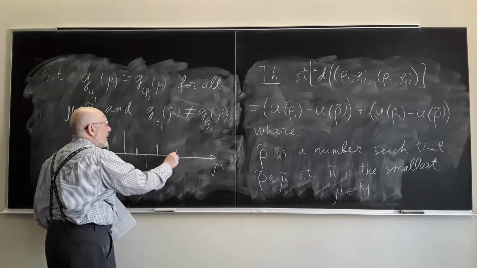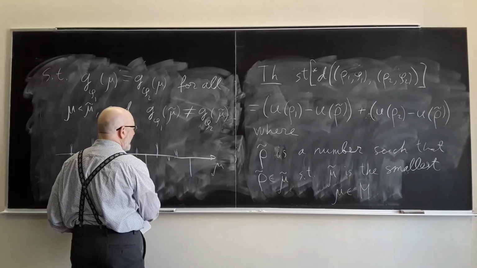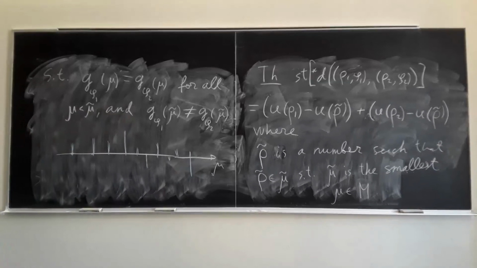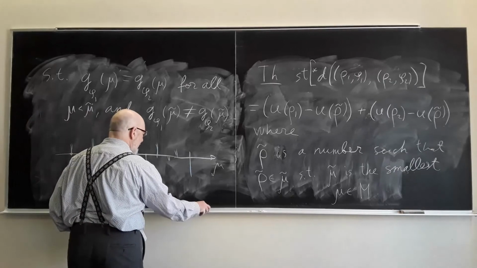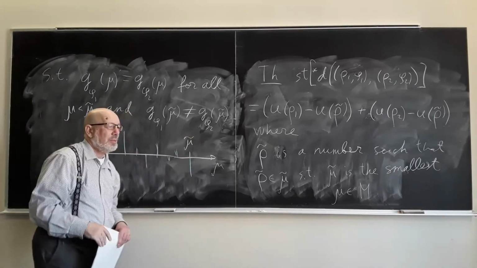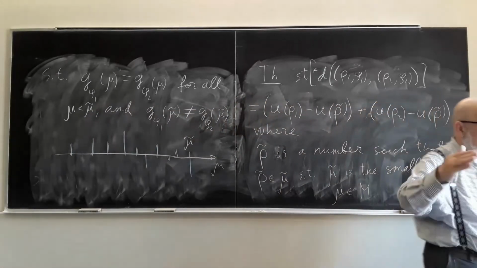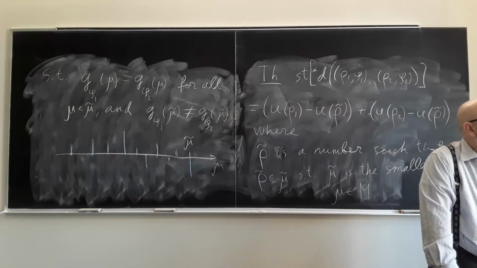It is equal to the same, and here, for example, it is different. So this is mu tilde. It is where the spectra of the numbers phi1 and phi2 first diverge.